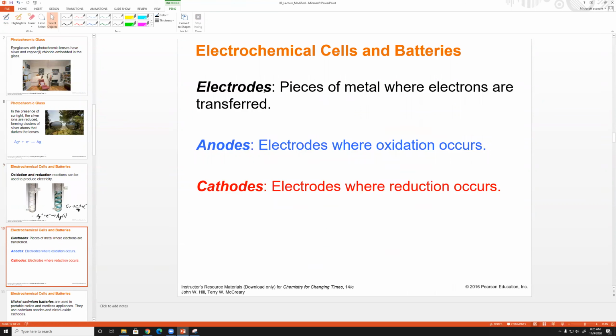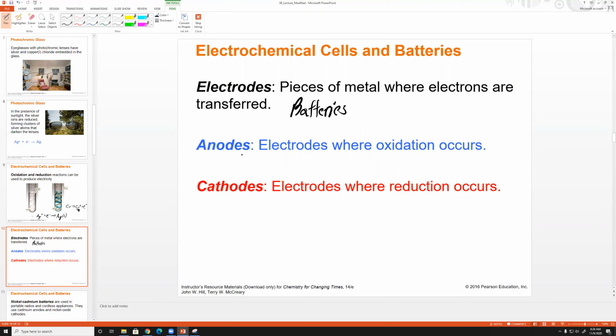This would be easier if we were in the lab to experimentally observe. But electrodes are kind of like batteries. Batteries have electrodes, which can transfer electrons from one side of the battery to the other, from the negative end to the positive end.